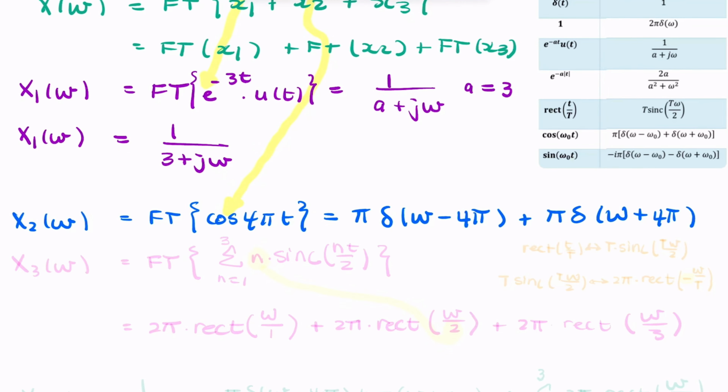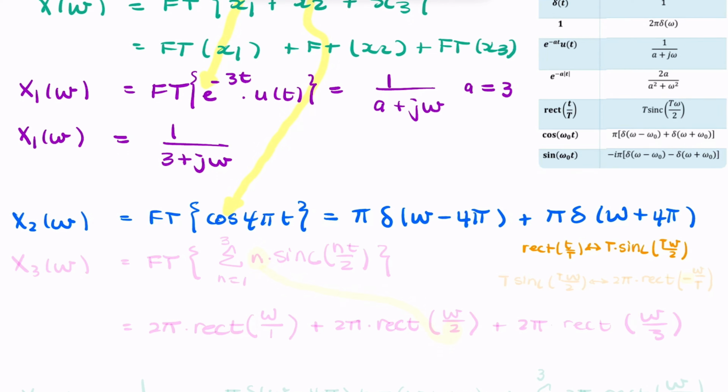So we can write that out like this. Rectangular pulse forms a Fourier pair with t times sinc t omega over 2.